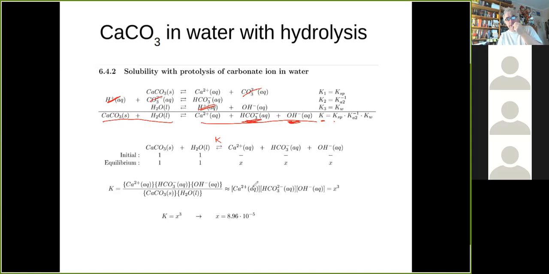So expressing this equilibrium constant as the right-hand side divided by the left-hand side, and the left-hand side is still calcium carbonate, its unit, because if you have a piece of marble in a bottle of water, then after a little bit has dissolved, the thing that is left is still marble.